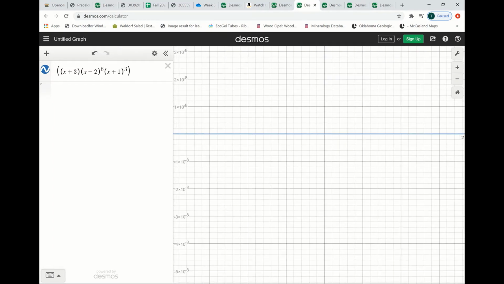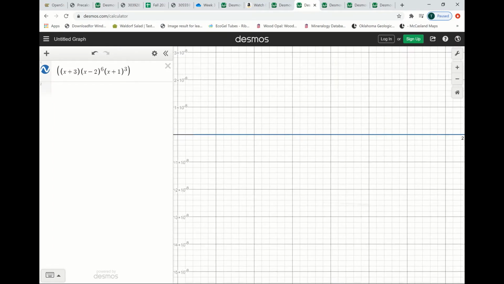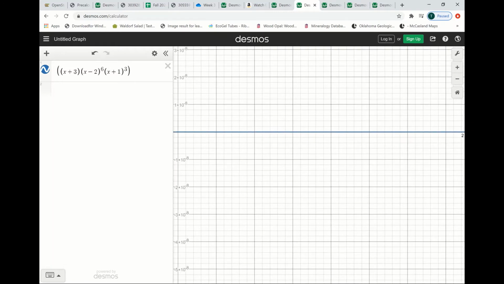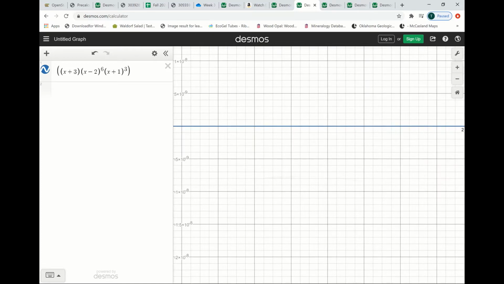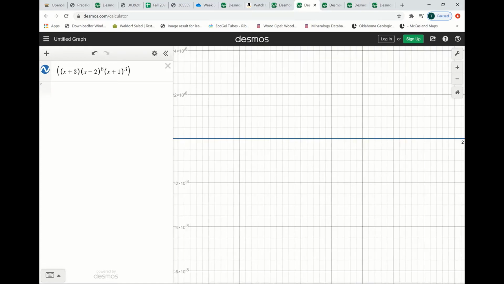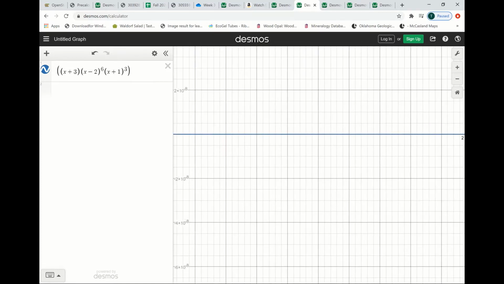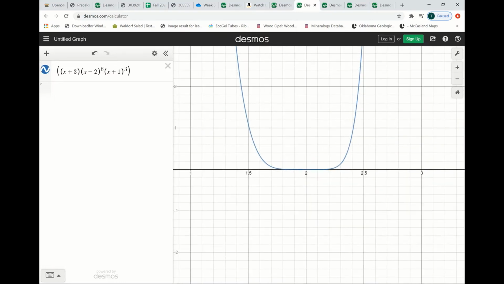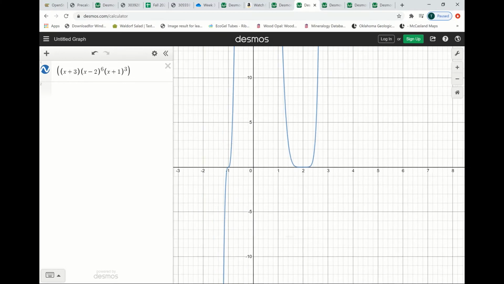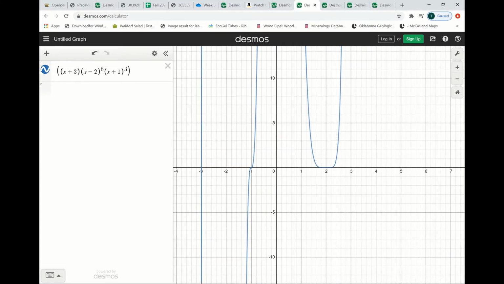Okay. Well, as you can see, it is sitting a little bit above the x-axis. So it's not just laying on the x-axis. But since that multiplicity is higher, it does take longer to sort of rebound off the axis.